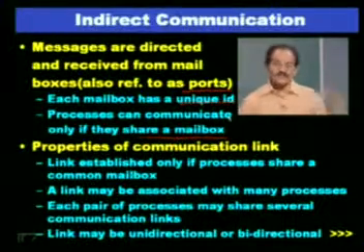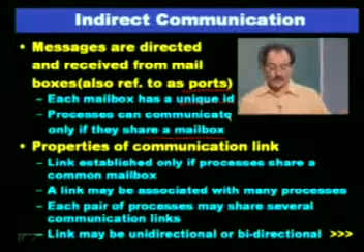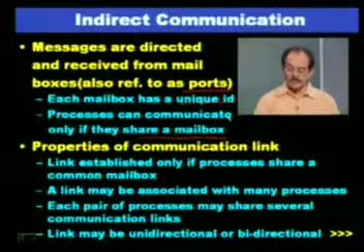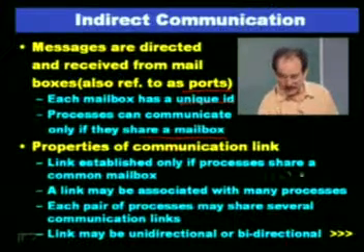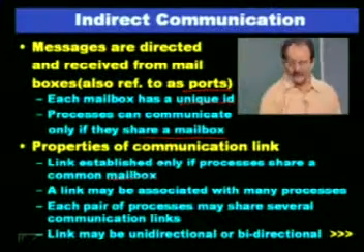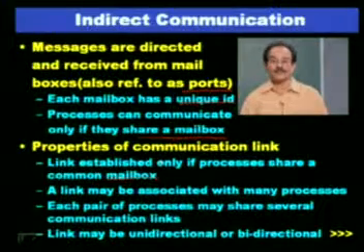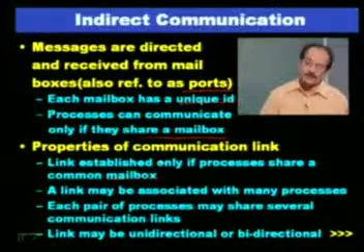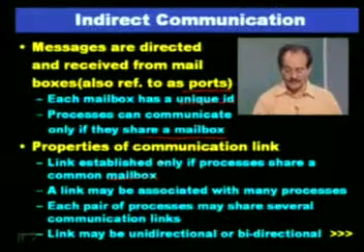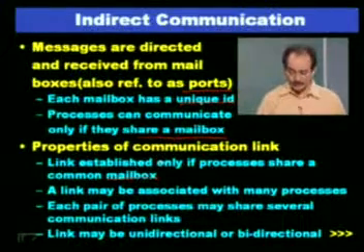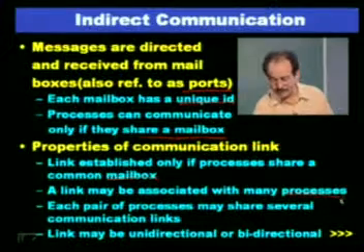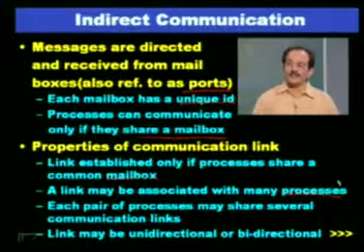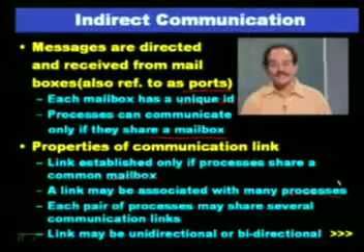Now, again the same question comes which we posed initially, what sort of links are there. In this particular case, a link is established if processes share a common mailbox. Mailbox has to be there in case some sort of a link is to be established, and a link may be associated with many processes, because it is quite possible many processes may be sharing the same mailbox.